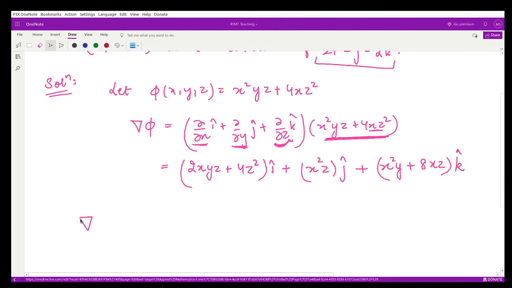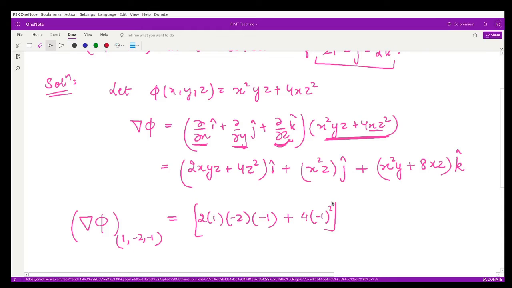So accordingly, our gradient of phi evaluated at the point (1, -2, -1) is going to be equal to, in place of x we'll write 1, in place of y we'll write minus 2, in place of z we will write minus 1. And similarly for every term we'll do the same. So this is our term with i cap, and then we have the term with j cap, and then finally the term with k cap, plus 8 into 1 into minus 1 into k cap.